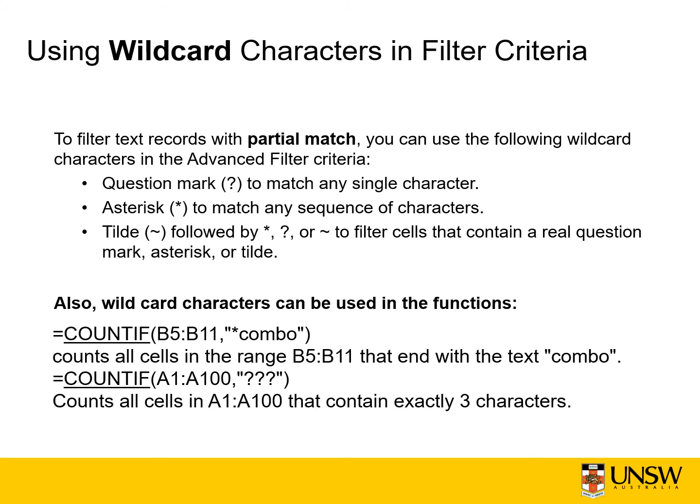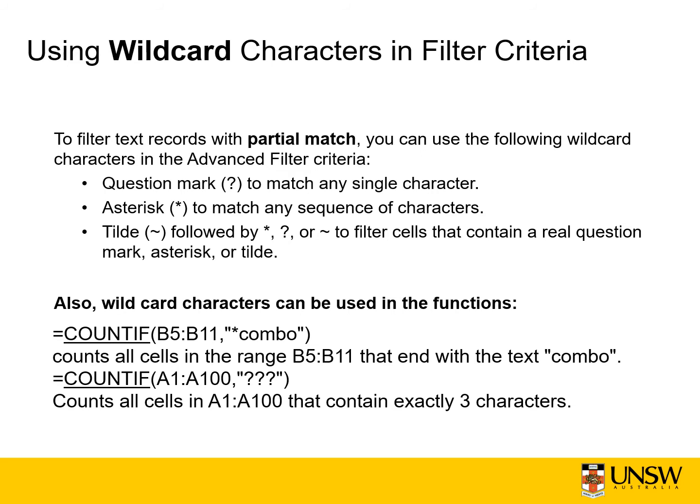And the third one is the tilde, which is used to identify a wildcard character as is and not as a wildcard. For example, let's say you want to find the exact phrase Excel star in a list. If you use Excel asterisk, the search string would give you any word that has Excel at the beginning followed by any number of characters, such as Excel, Excels, or excellent.